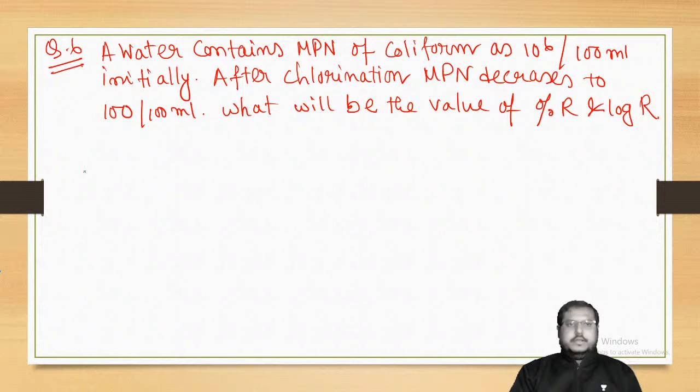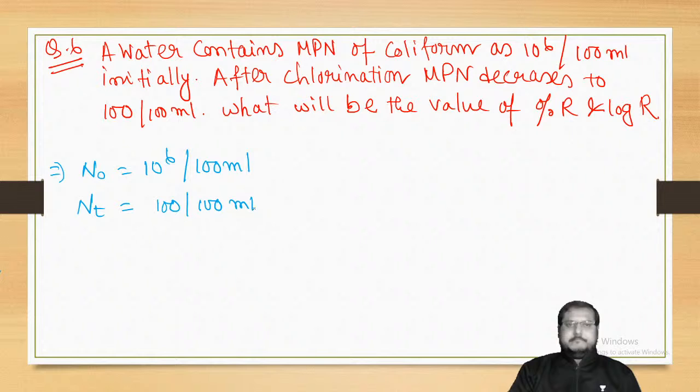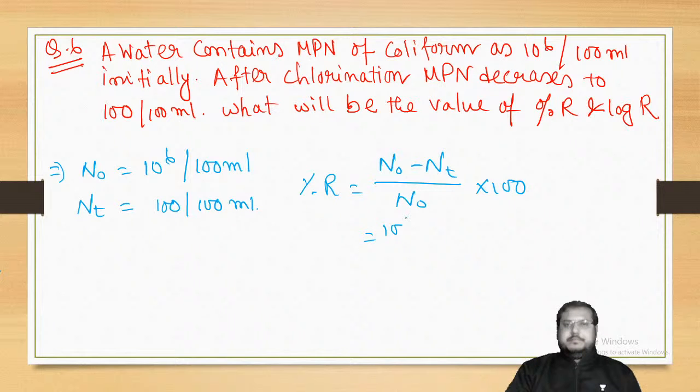Very easy to solve. N naught is 10 to the power 6 per 100 ml and NT is 100 per 100 ml, right? So first we are going for percentage R, that is N naught minus NT by N naught into 100. It's 10 to the power 6 minus 10 squared by 10 to the power 6 into 100.